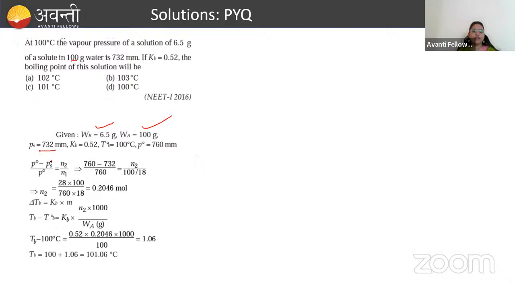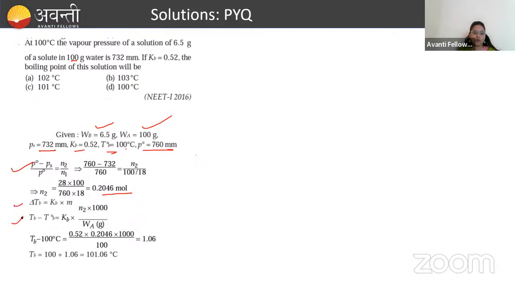Vapor pressure is given for solution, that is 732 mm. KB दिया हुआ है, TB भी दिया हुआ है. ठीक है, तो मैंने क्या किया? TB को डिग्री सेल्सियस और यहाँ पे क्या दिया हुआ है मुझे? पार्शियल प्रेशर. You know that is what? 760 mm. So you know this lowering of vapor pressure formula. Just calculate these two things, you will be good to go and find out the number of moles. Okay, number of moles मिल गए.